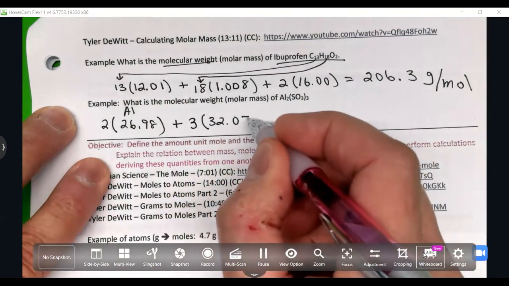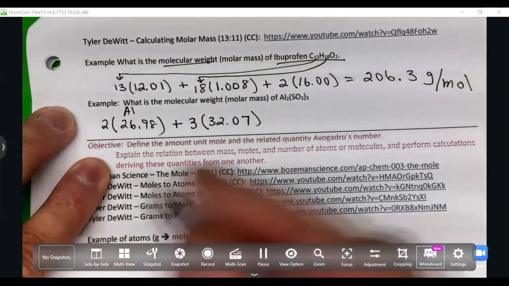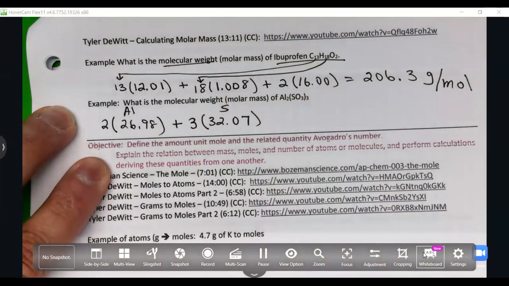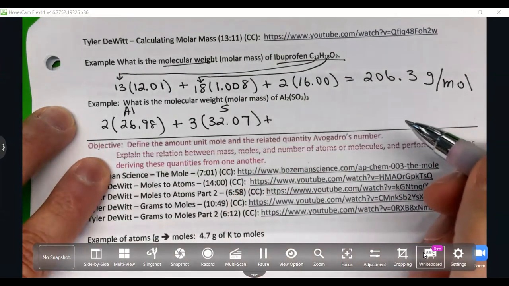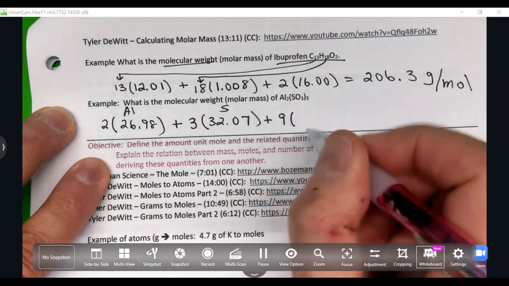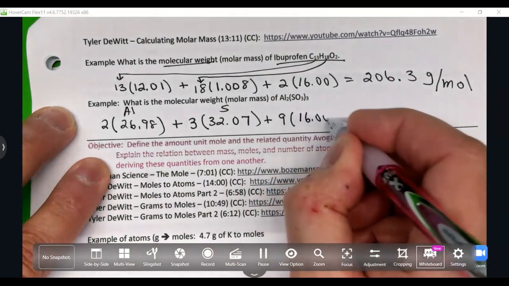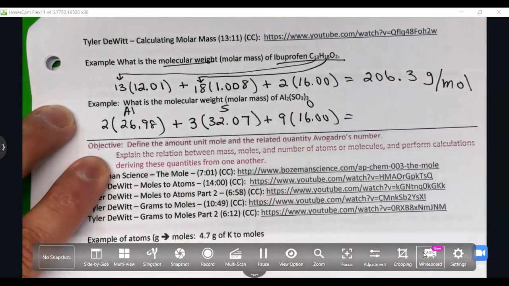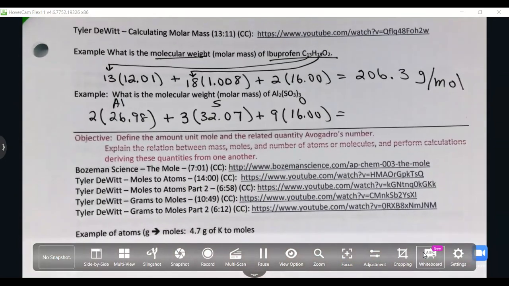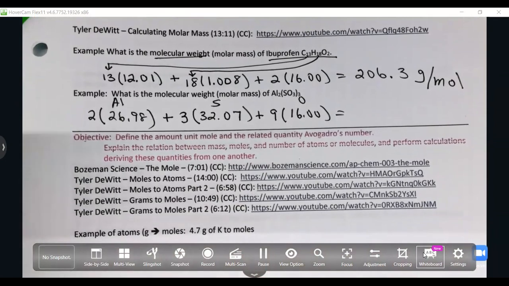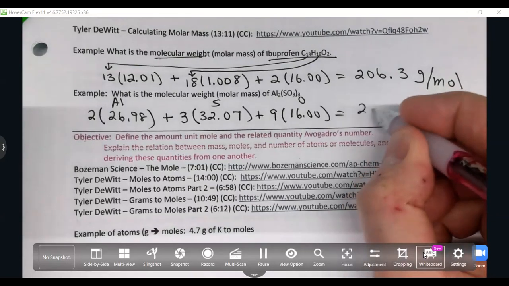The new way around it would be to make that a 6, but we'll go 32.07. And how many oxygen? 9 oxygen. 294.2. Okay.